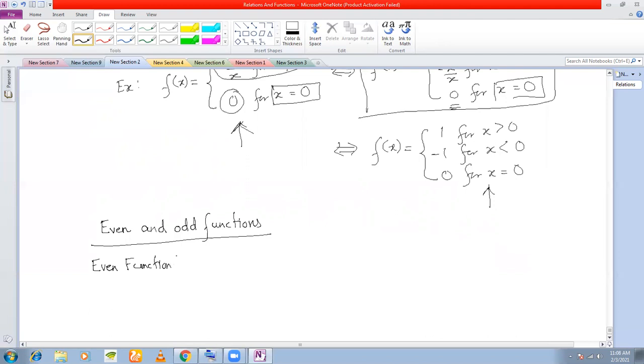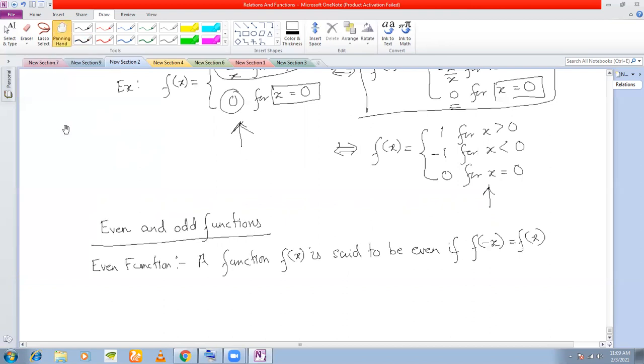A function f(x) is said to be even if f(-x) is equal to f(x).